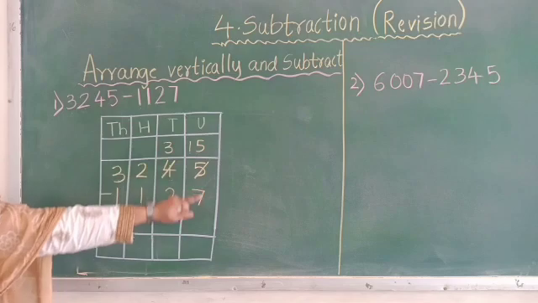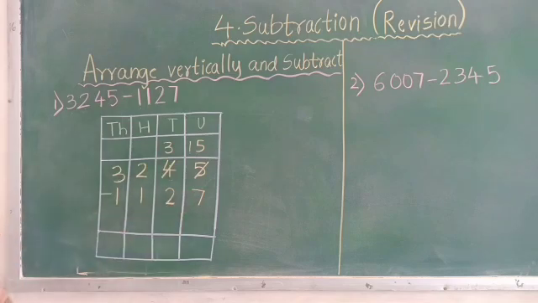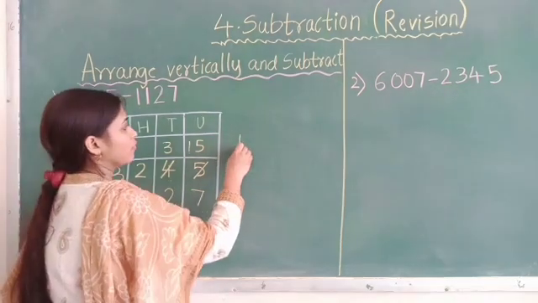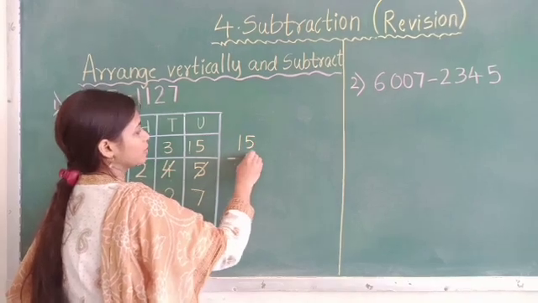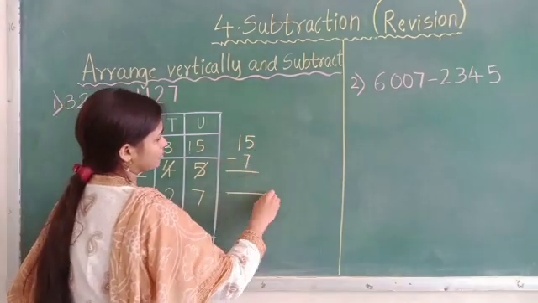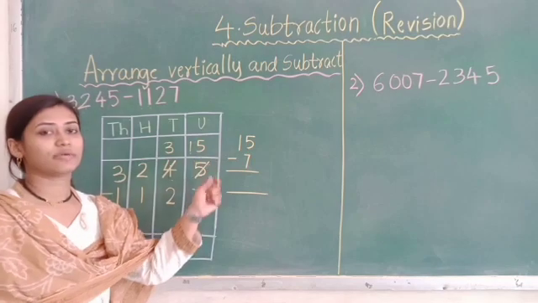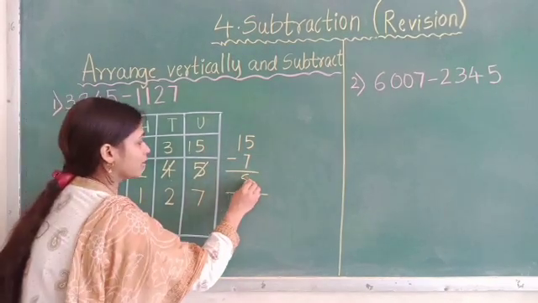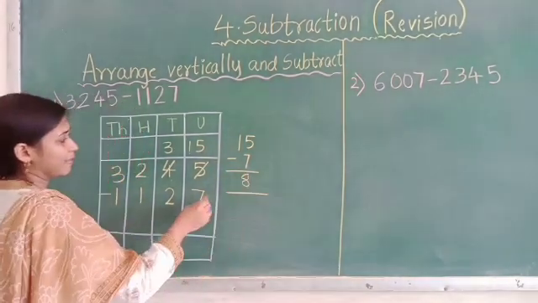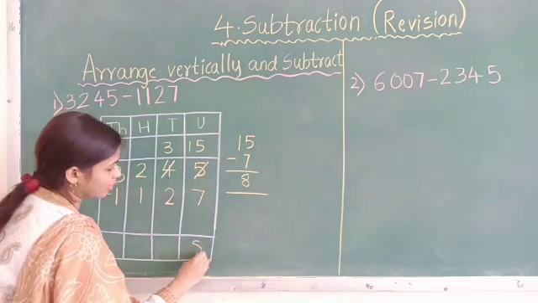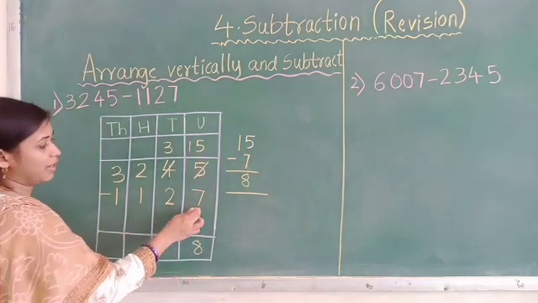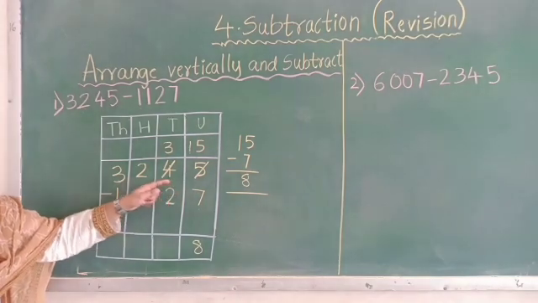Now from 15 units we have to subtract 7. So 15 minus 7 is how much? 8. So here we will write down 8. 15 minus 7 is 8.